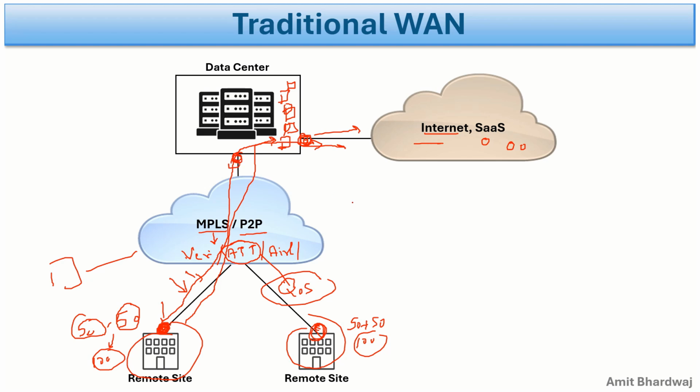So the operations teams or implementers had to log in to each and every device to perform the configuration changes. Just imagine these are two sites only, maybe there are hundreds of more sites also. Everywhere they had to log in via the CLI and do the configuration, even for a small change, which was quite workforce and manpower intensive. That is what put pressure on moving from MPLS or point-to-point links towards SD-WAN.